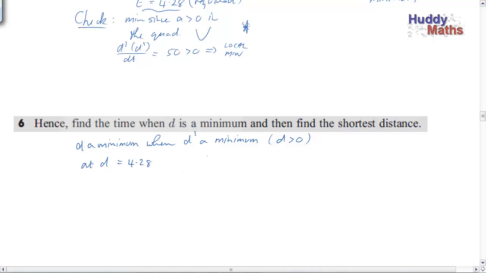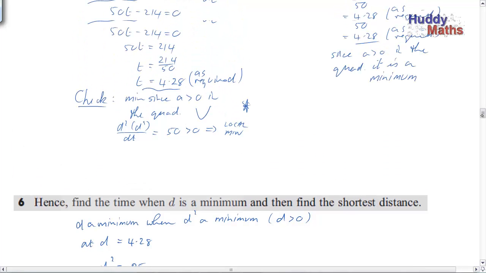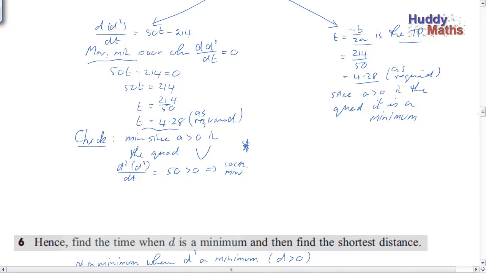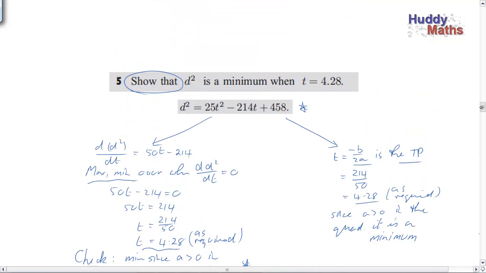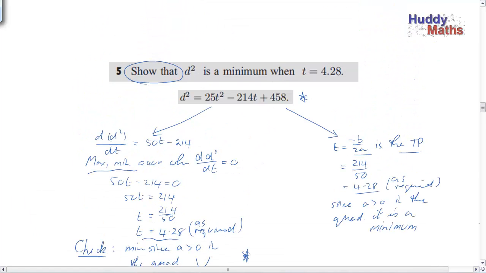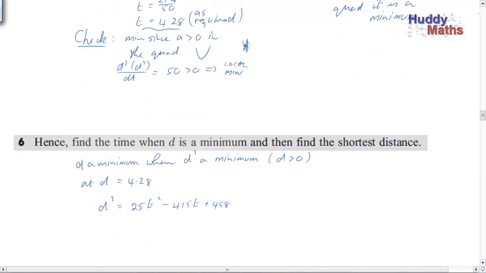So now we're going to have to find d squared. What was it? Hang on, we'll have to go back up and pinch it from up here. 25t squared take 214t, plus 458. Just check that, hang on. Take 214t plus 458.